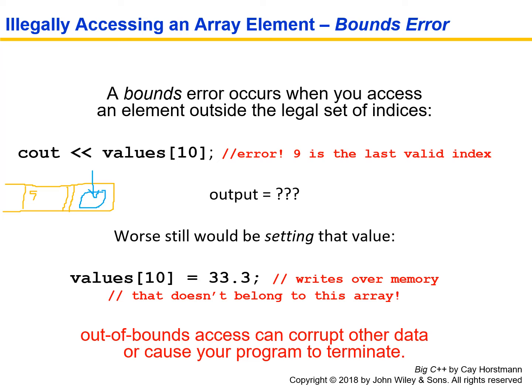This can corrupt other data in your program and cause unpredictable results, or if you're writing to memory that's outside the memory that your program has permission to write to, it can completely crash your program. Most of the time doing this will ultimately crash your program.